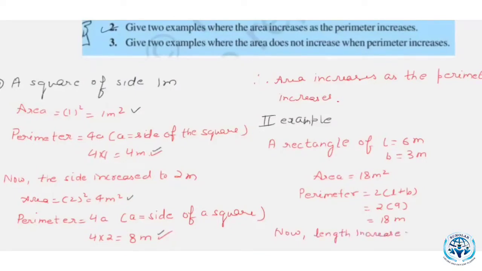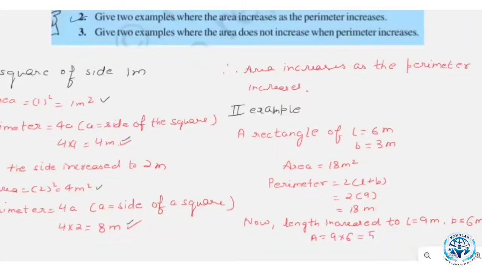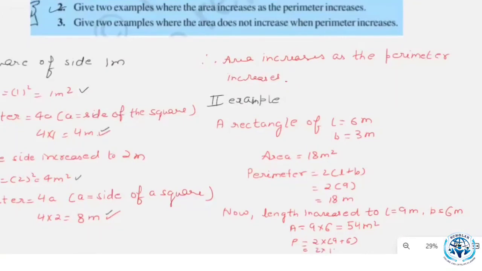Now length is increased to 9 meter. Earlier it was 6 meter, now it is 9 meter. Area will be 9 into 6, as breadth increased to 6 meter. Area is 54 meter square and perimeter will be 2 into (L plus B), that means 2 into length plus breadth, 15 into 2, 30 meter.